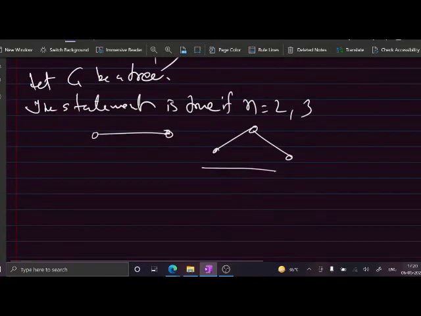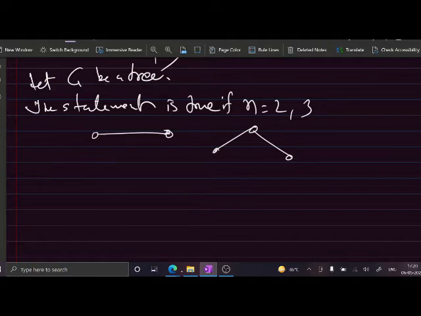So their number of edges is the number of vertices minus 1.